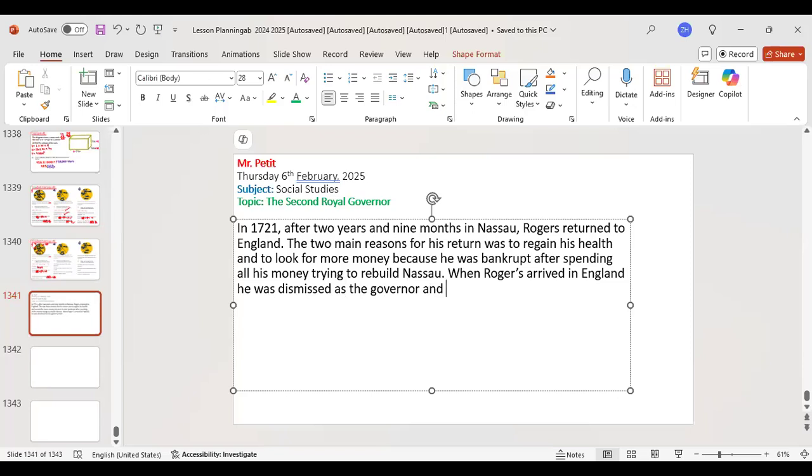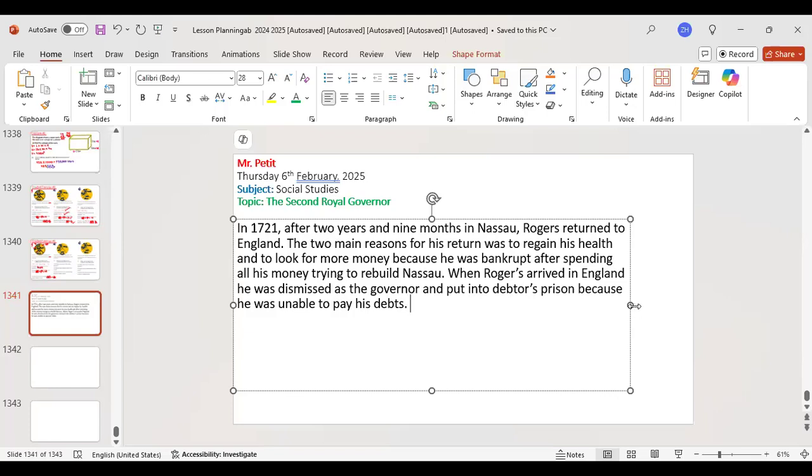Why do you think they put him in prison? Because he was in debt. Yes, because he was unable to pay his debts. Okay, that's why they put him in prison.